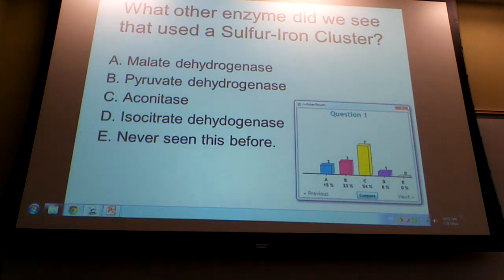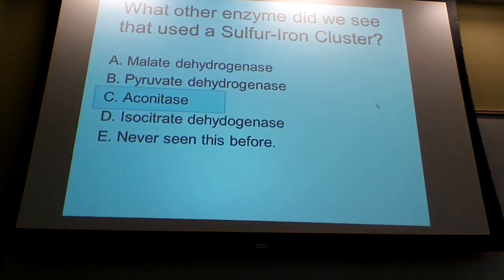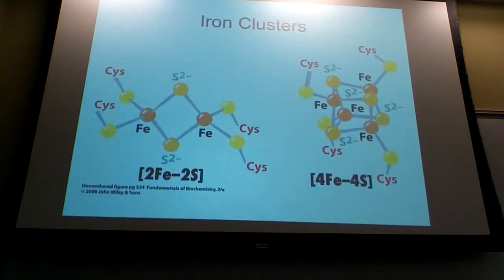Aconitase. So what was the iron sulfur cluster in aconitase doing? Remember what its role was? It coordinated the carboxyl group. Yeah, so it held the substrate in place for aconitase, but not for redox. But here, now we have something that's needed for redox. How are these things going to help electrons move around?